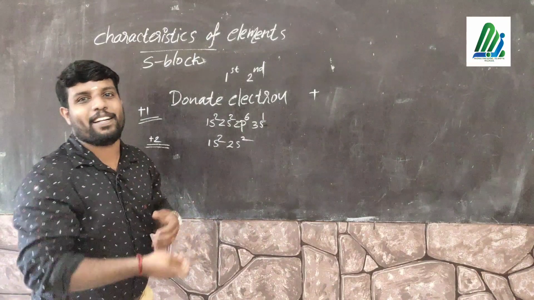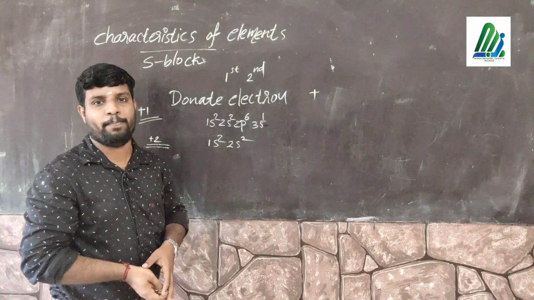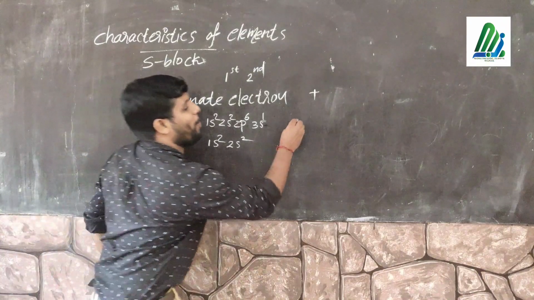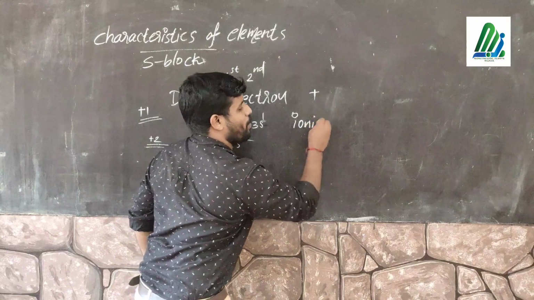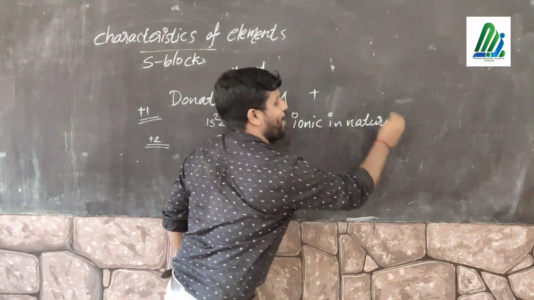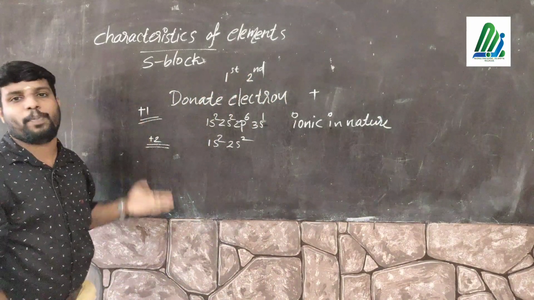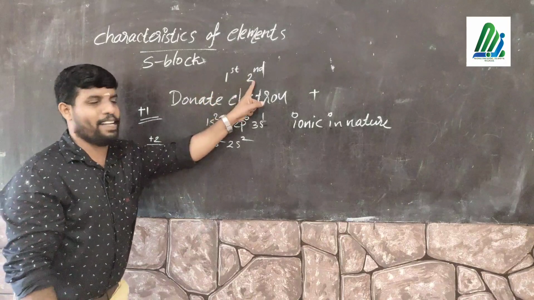Because of donating electrons at the time of chemical reaction, the compounds are ionic in nature. Especially, the S block belongs to the left side of the periodic table, that means first and second group.